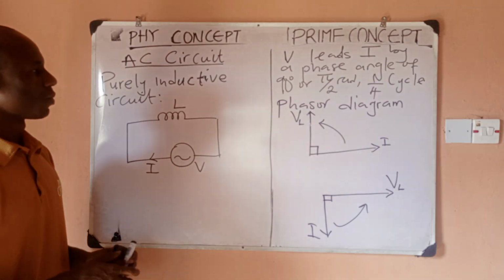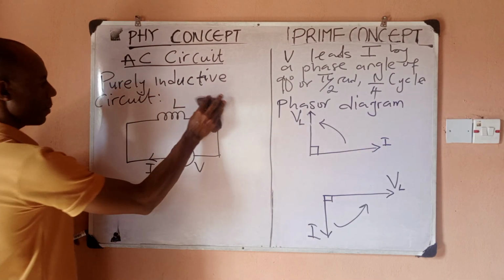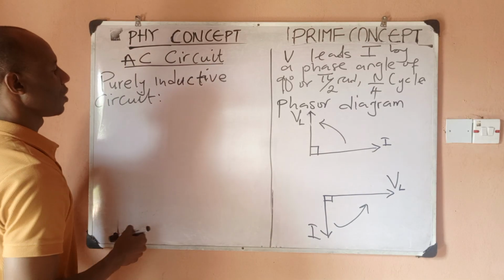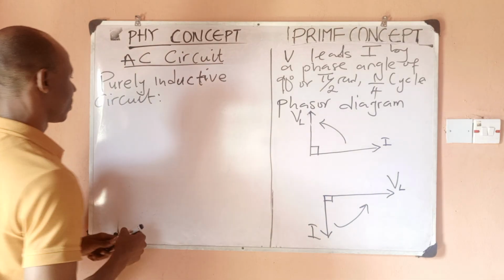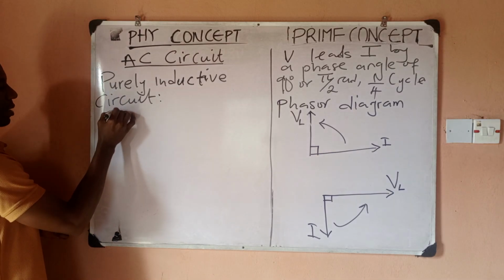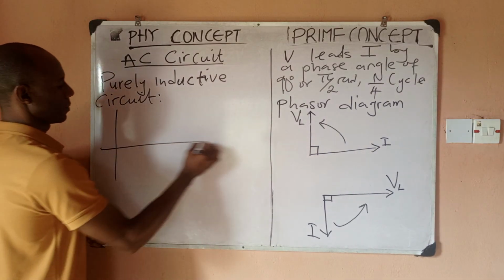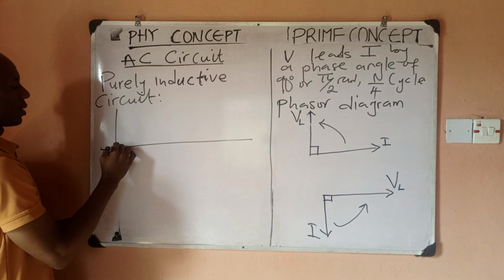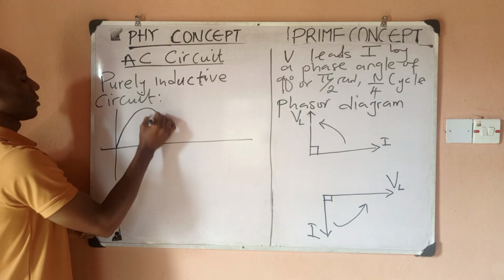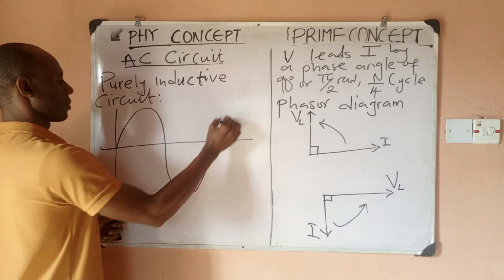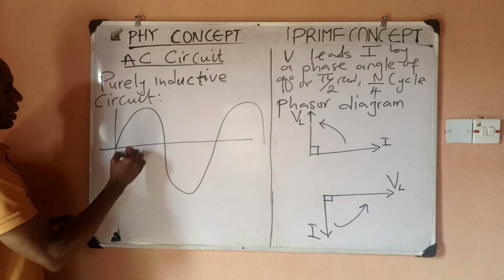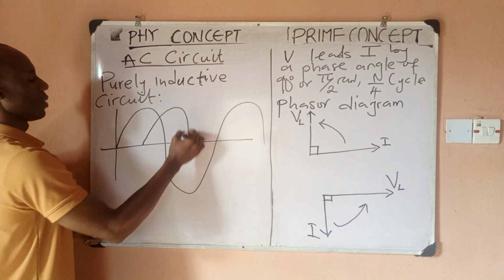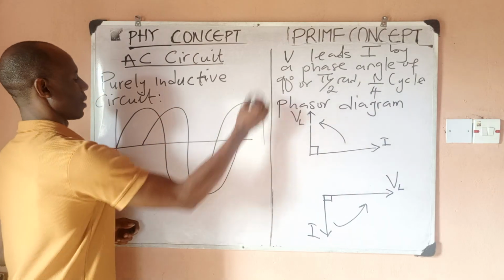So quickly, we want to mention the wave diagram for a purely inductive circuit. The wave diagram would be given like this. So I would have my voltage. Let's say my voltage is starting from the origin this time. And I can have my current start this way, and so on.